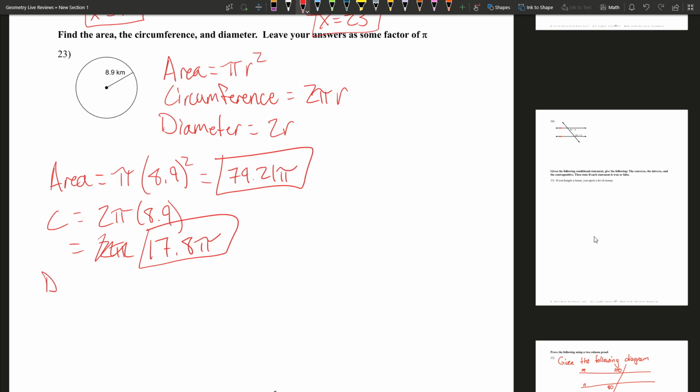And then the diameter is just 2 times the radius, which is just 17.8. There should be units of measure on this, so all of these should have kilometers or kilometers squared at the end. I'm just worried if you know the actual formulas.